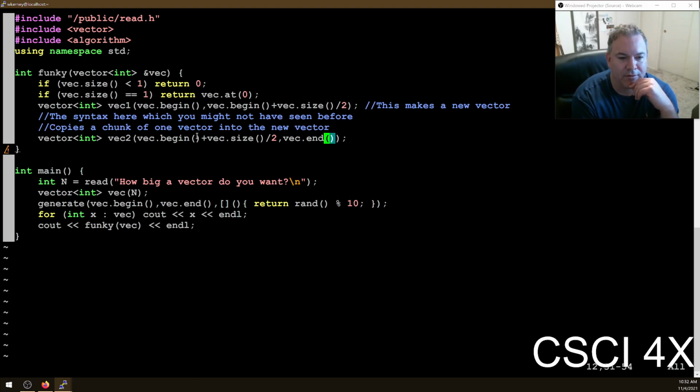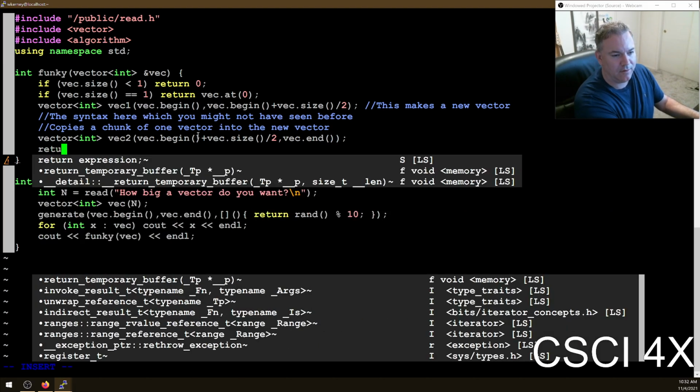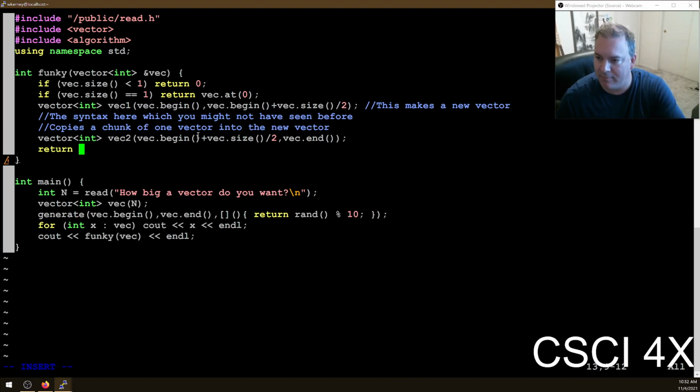So vector 1, vector 2. Okay, so then what do I have to do to make this function work? I want to do a recursive addition. How do I do it? What do I return? I want to do this recursively.